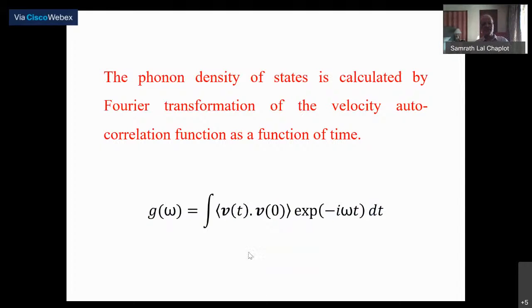Another quantity you can calculate is the velocity autocorrelation function. It is a self-term velocity autocorrelation, the correlation between the velocities of the same atom at two different times. Okay.